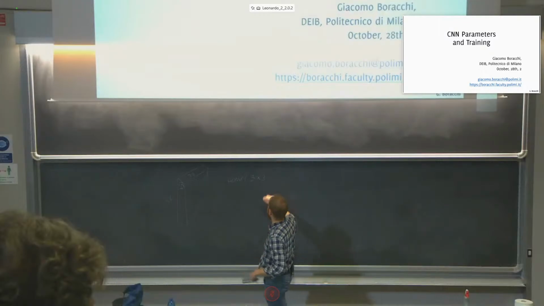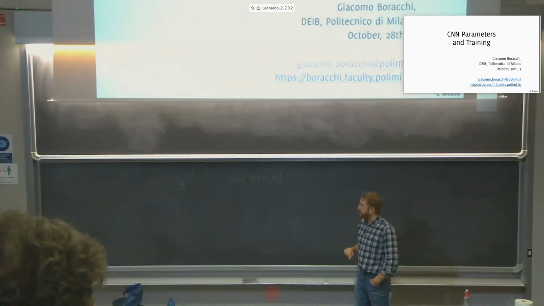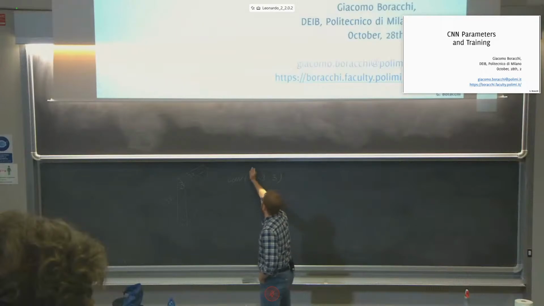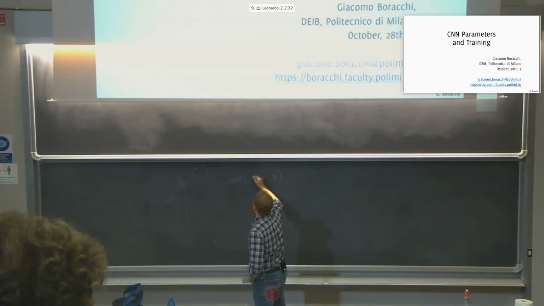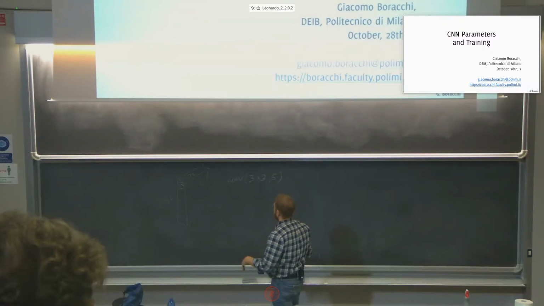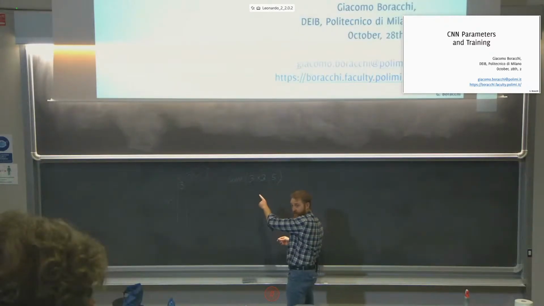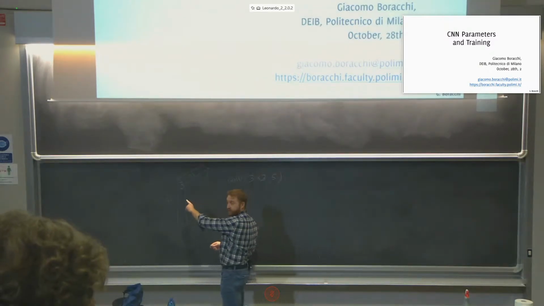You remember me, okay? So 3 by 3, and they have 5 filters. Let's say 3 by 3 but 5, just not to confuse too much. Now each of these filters should be able to take as input the image.